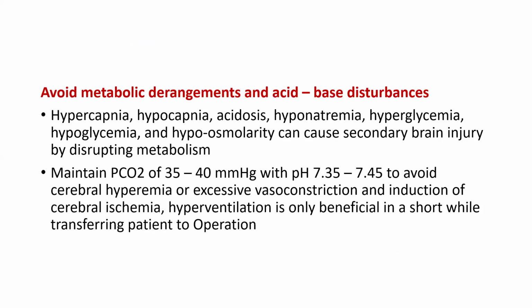These are some of the metabolic derangements to be avoided. So you have to avoid hypercapnia, hypocapnia, and acidosis. You want the pH to range between 7.35 to 7.45. You want to avoid hyponatremia. You want to avoid hyperglycemia or hypoglycemia.